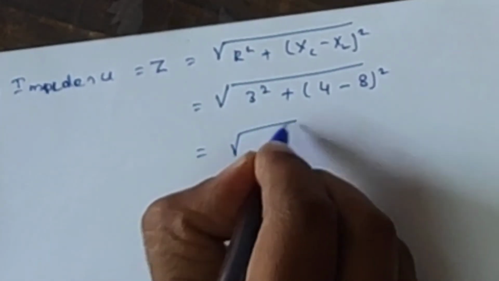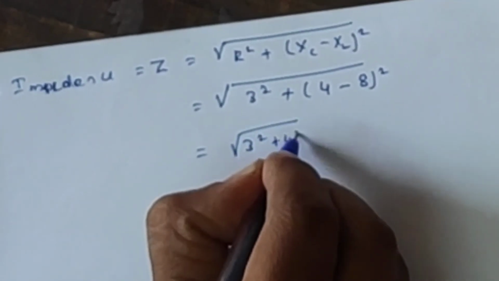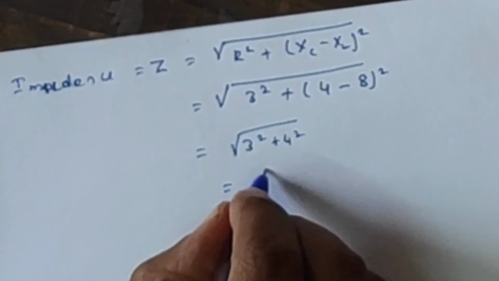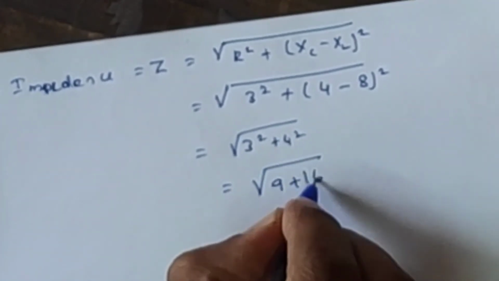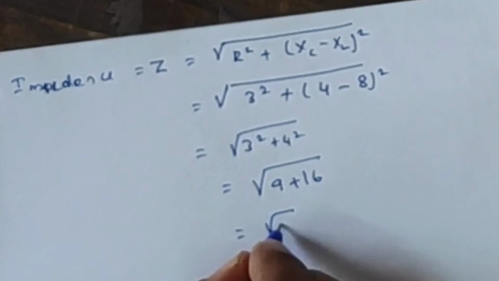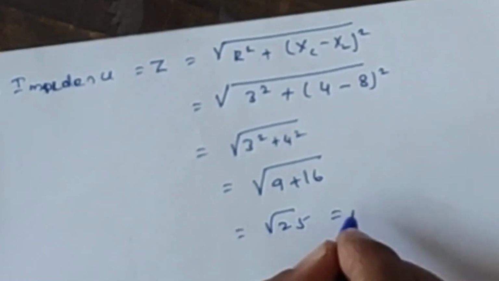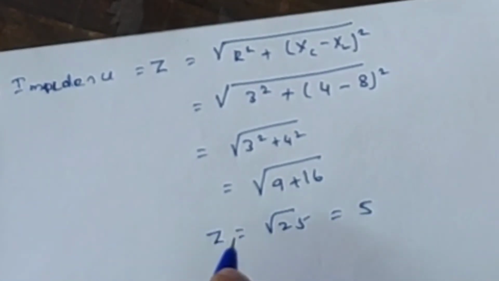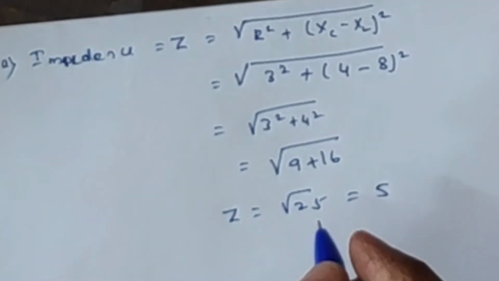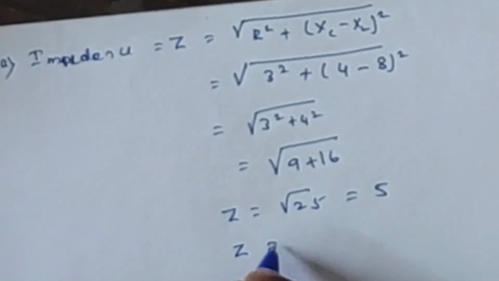So that is 3 square plus 4 square, 9 plus 16. Square root of 25 is 5. Okay, so impedance Z equal to 5 ohm.